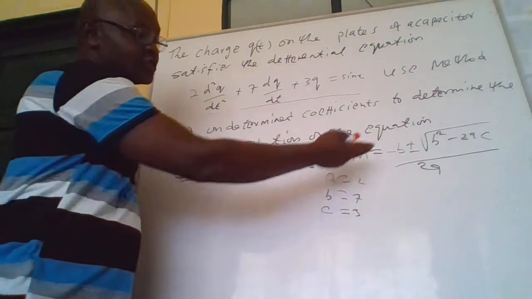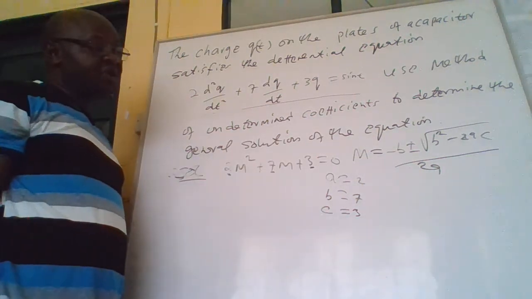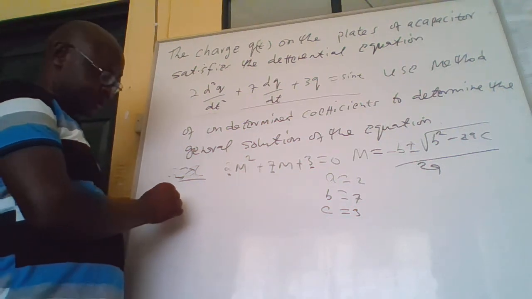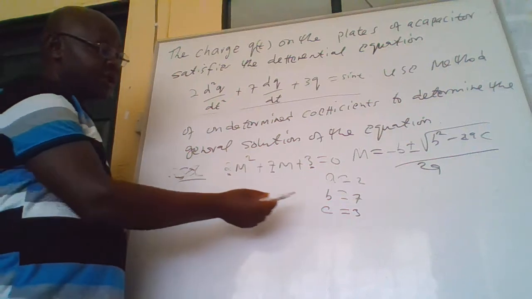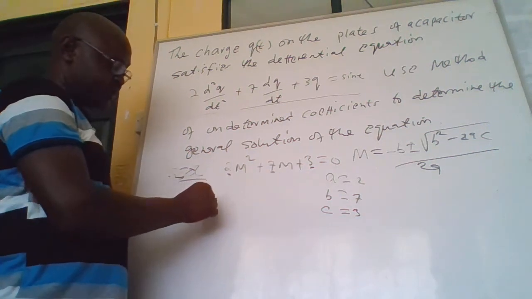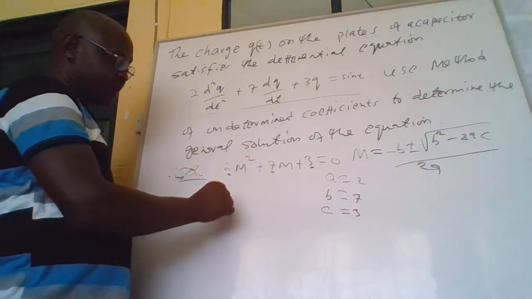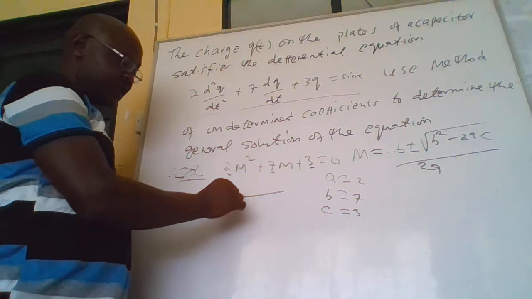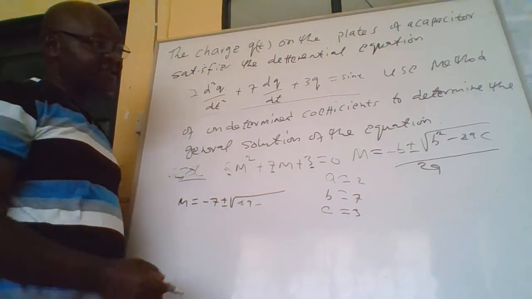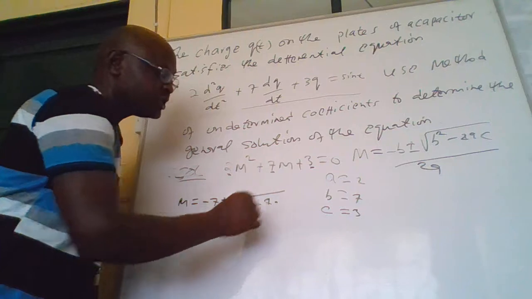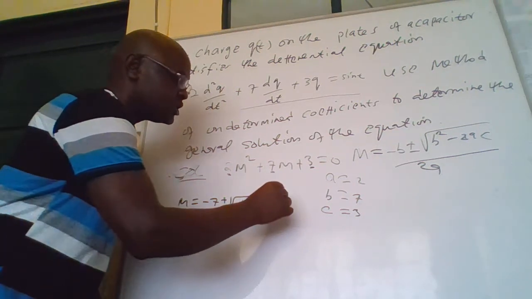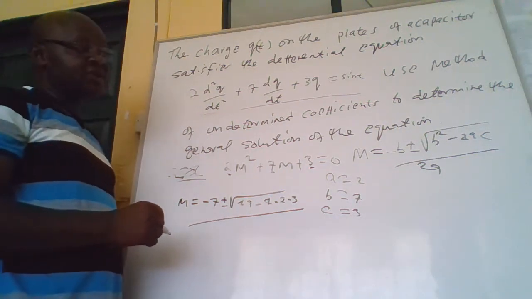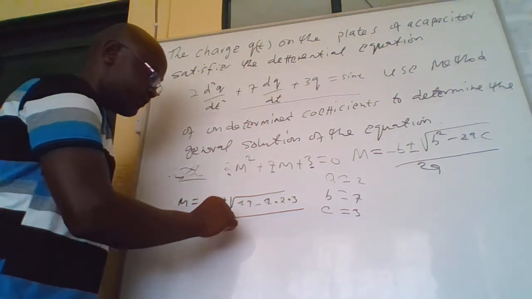Once we have these values, we insert them in that formula. So m = (-7 ± √(7² - 4 × 2 × 3)) / (2 × 2), where 7 squared is 49 and the denominator is 4.